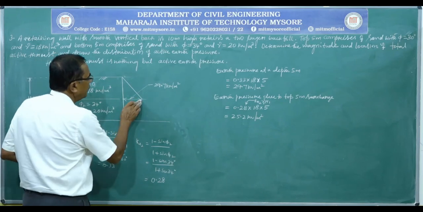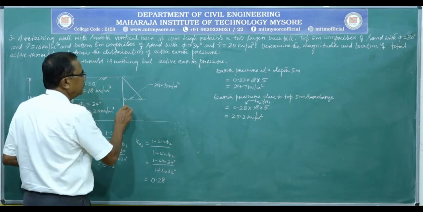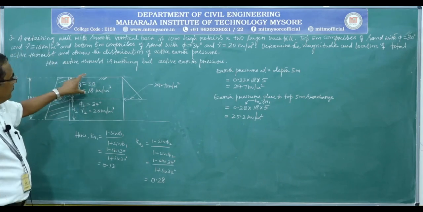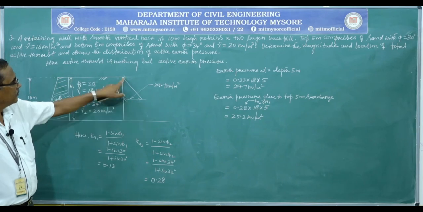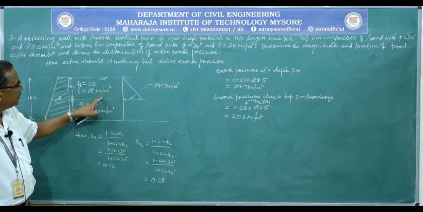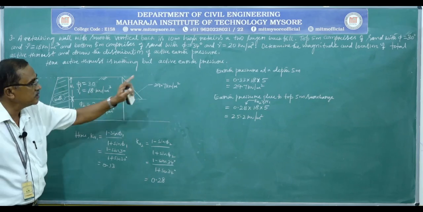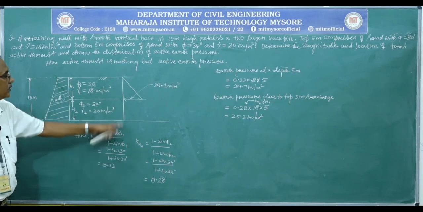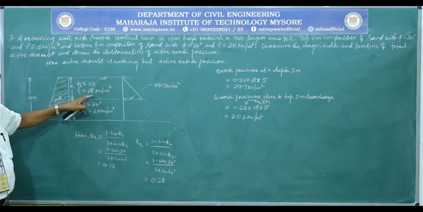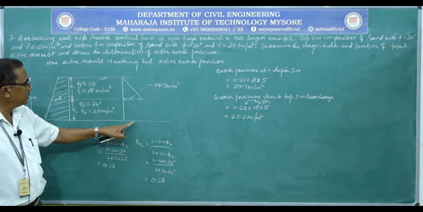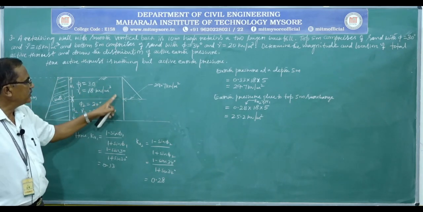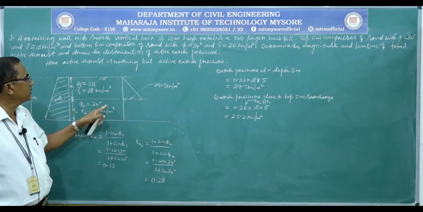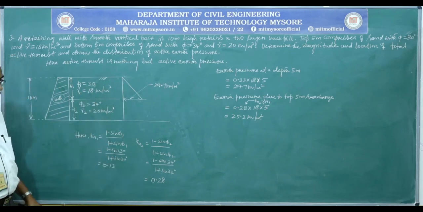Now you can see there is reduction in the earth pressure at the base due to the same soil, the top 5 meter fill. See here, pressure due to this top 5 meter at a depth of 5 meter is equal to 29.7 kilonewton per meter square when we use Ka1 equal to 0.33. Due to the same soil, if you calculate lateral earth pressure at the base by considering the top fill, it will be 25.2. That is a reduction, because this reduction is due to the decrease in the coefficient value.